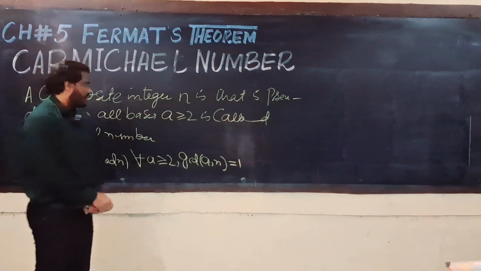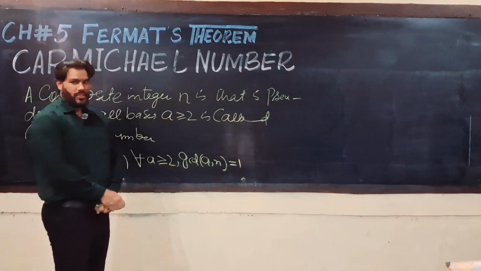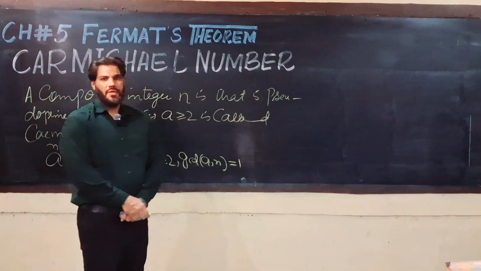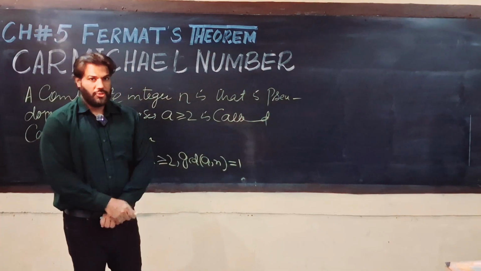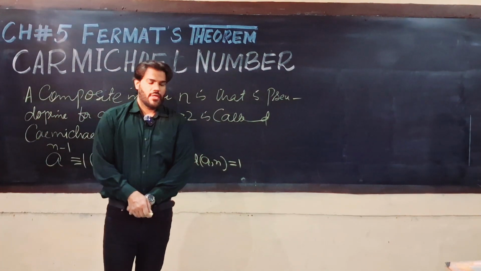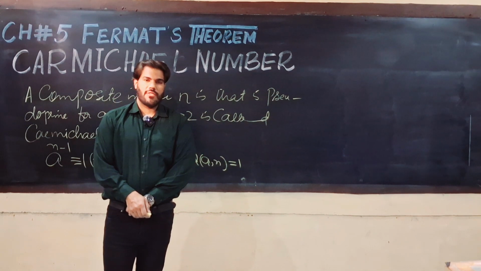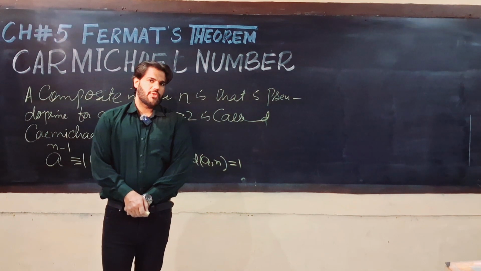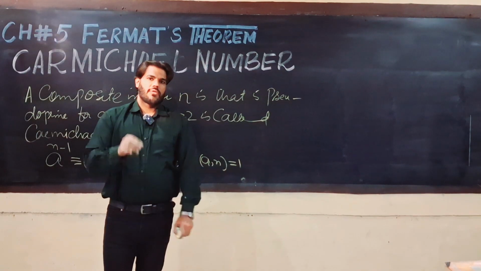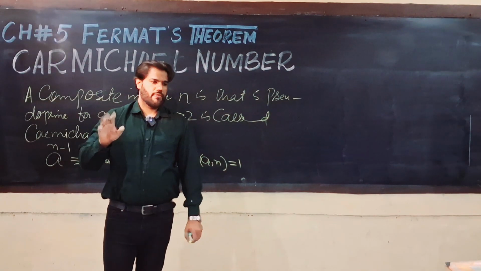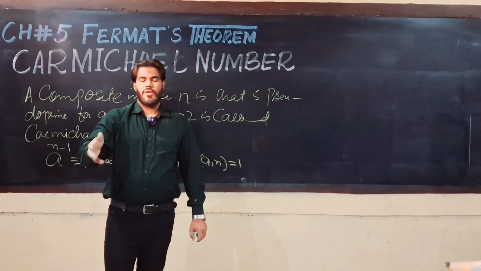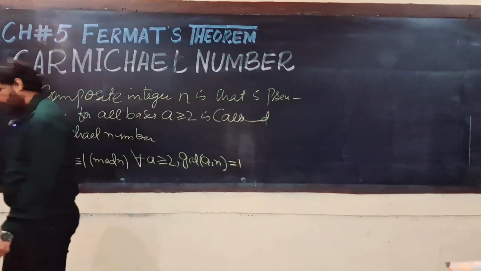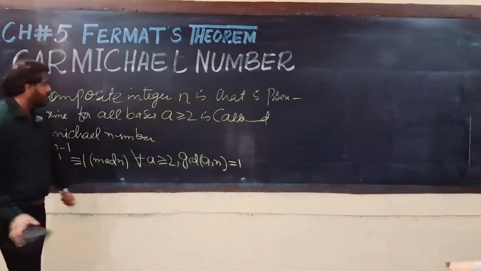Next, we show that the first Carmichael number is 561. We have to show that 561 is a pseudoprime for any base. In the last lecture, I showed 561 is a pseudoprime for base 2. Today, we will show that 561 is a pseudoprime for any base. If you take base 3, base 5, base 4, it will always be a pseudoprime.